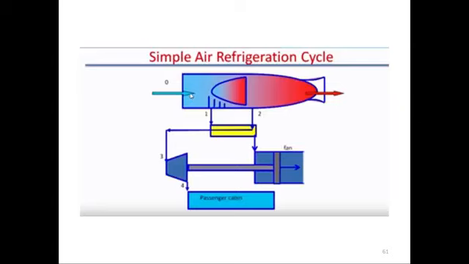low pressure of 0.15 bar and very low temperature. But when it enters the aircraft engine, its pressure and its temperature rise. So it goes from 0.15 bar to somewhere around 1 bar maybe.